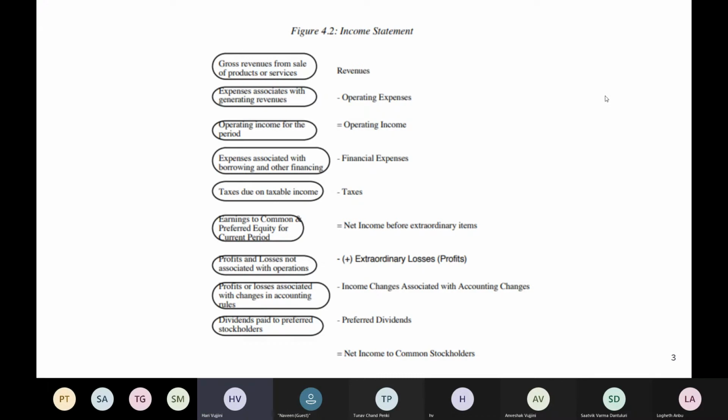If you remember, the income statement is basically telling the income. Income means revenue. If you remember the business model canvas that we talked about, at the bottom of the canvas we have two things: one is revenue, one is costs. So the income statement gives us the overview of how much money the company made for a given year.